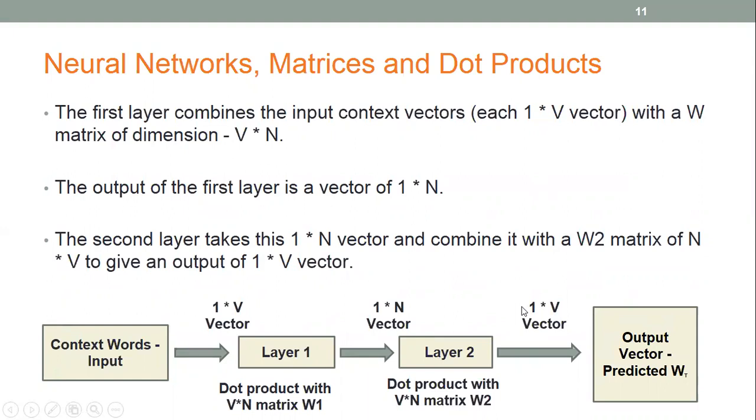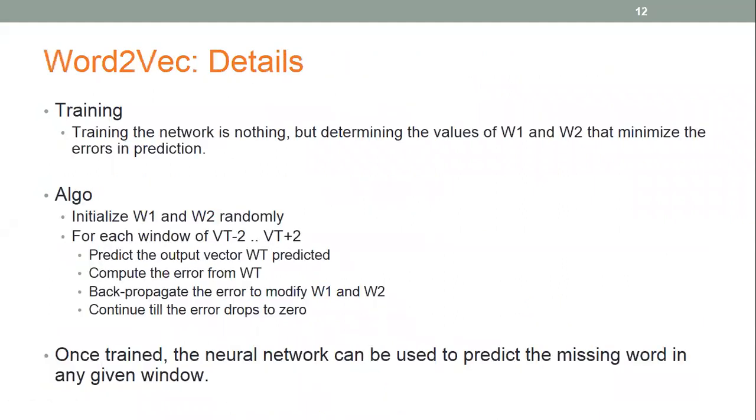The basic algorithm is called backpropagation, but I have tried to describe it in English here. What we do is we initialize it randomly, and for each window of 5 words in the text, and as large as our corpus is, there will be thousands of such windows, we predict the output vector, and we also know what the expected output is.